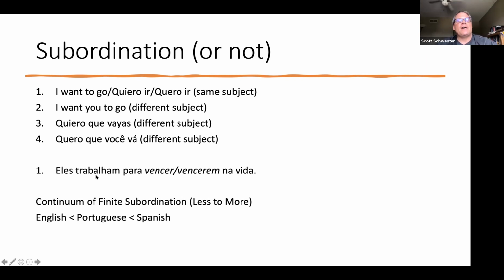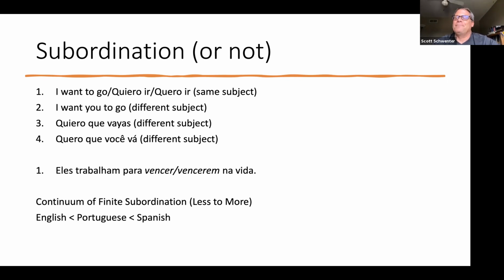But you have this other thing in Portuguese that I want to talk about, with this heavy use of infinitives and this particular verb form that's called the personal infinitive, which is an infinitive with a conjugation ending. And if you know what infinitive means, not finite or not conjugatable, right?